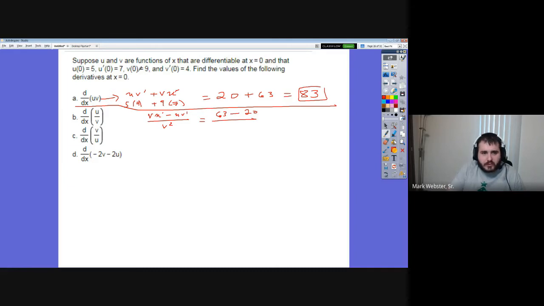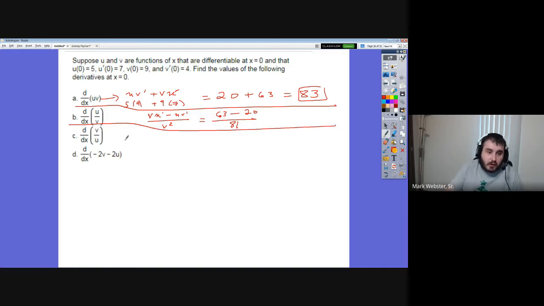V at 0 is 9, so this is 81 on bottom. You can just leave it there. Remember what I said, you don't have to simplify. The AP person won't like you, but they will give you full credit. You don't have to say that that's 43 over 81. You don't get extra points for simplifying.